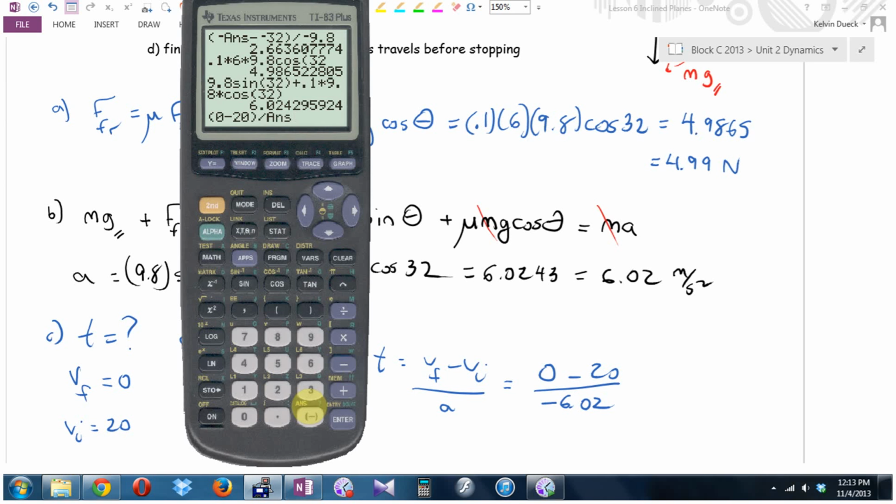The only problem is your new answer stored on your calculator won't be accurate. You can't just use the answer button again. You'll have to retype the acceleration equation, or you can just use 6.0243, which is why I wrote those extra few digits down. Anyways, I did catch it. It had to be negative, so I'm going to do it right all in one fell swoop. And it looks like 3.32 seconds.